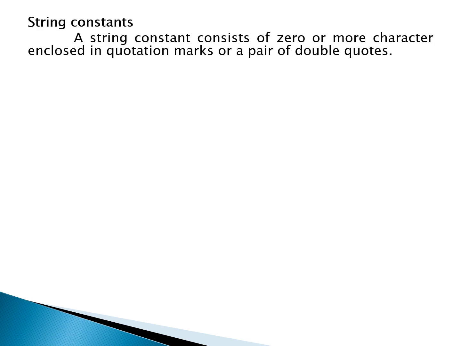Then string constants. A string constant consists of zero or more characters enclosed in quotation marks. It is also called a pair of double quotes. Example, within the double quotes, welcome to C programming. So here we can see I used a space. It is valid because whatever you write within double quotes will be considered a string.